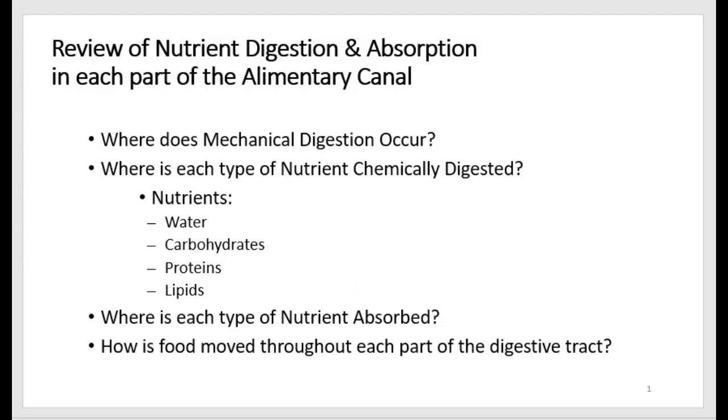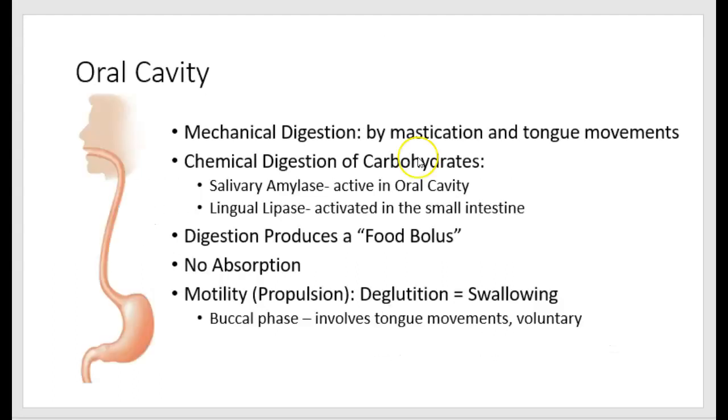So we're going to begin with the oral cavity. And recall that in the oral cavity, mechanical digestion occurs by mastication, which is chewing, and tongue movements. There's also chemical digestion of what we eat, specifically carbohydrates, because the saliva contains an enzyme called salivary amylase.